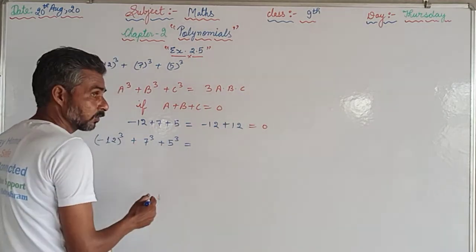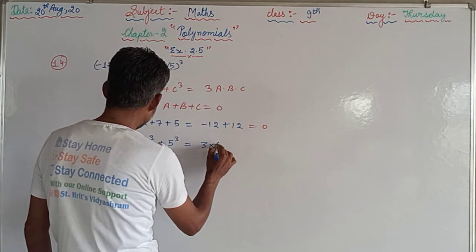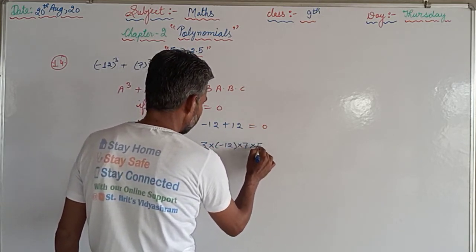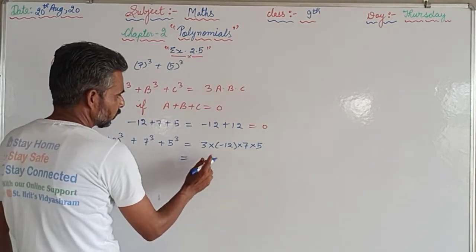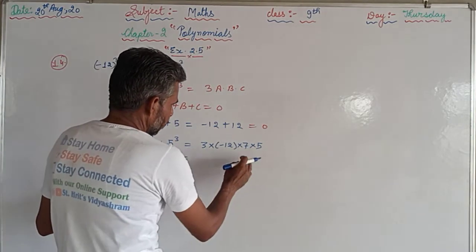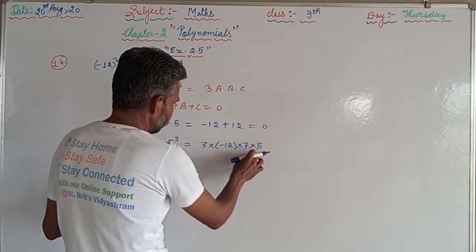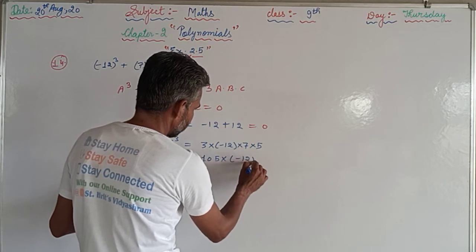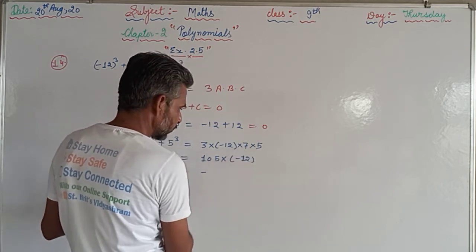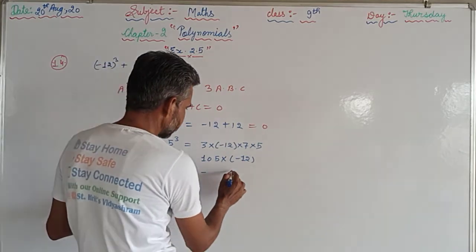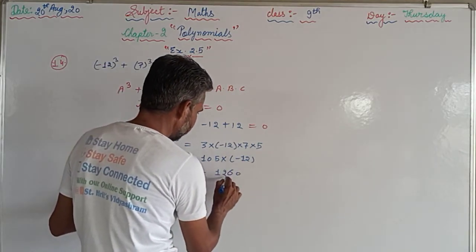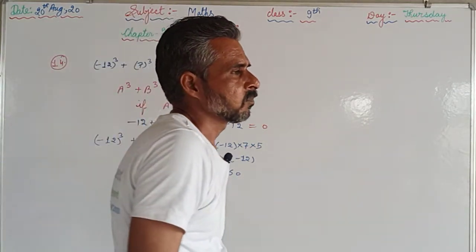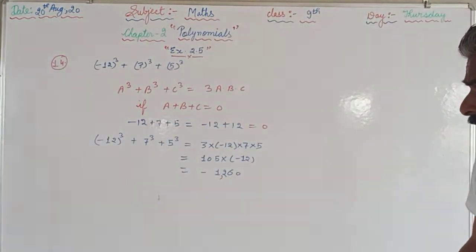On the right hand side also we substitute 3 into minus 12 into 7 into 5, that will be equal to 7 5s are 35, 35 3s are 105, into minus 12, that will be minus, because plus into minus is minus, 12 5s are 60 and 12 1s are 12, and the answer will be minus 1260. So we have calculated the sum which was given in the question.